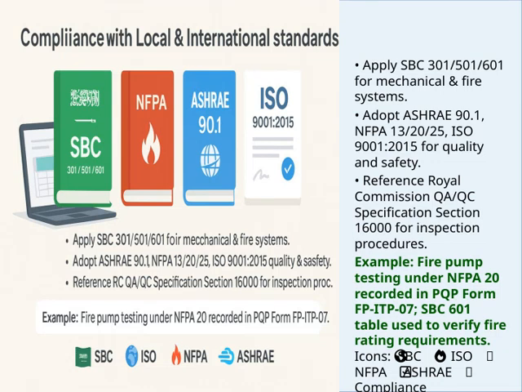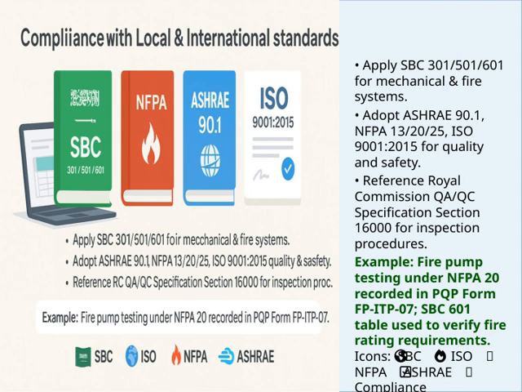Now, let's look at some key standards and reference points we use for our mechanical and fire systems. First, we apply SBC 301, 501, and 601, which are essential for ensuring our systems meet local requirements and are properly designed and installed. It's important to follow these closely to maintain compliance and safety.